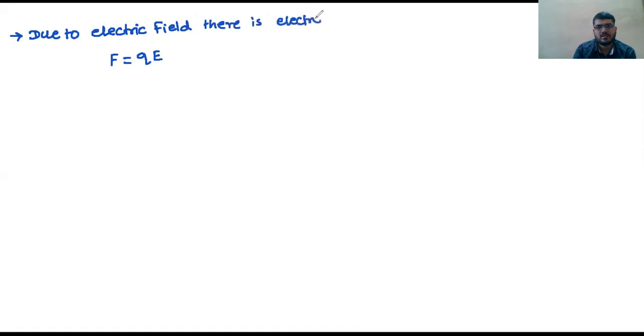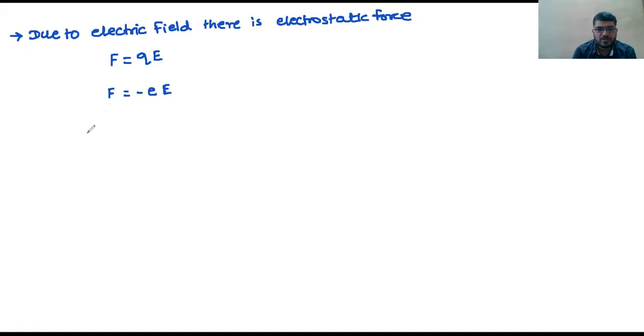That electrostatic force is F is equal to QE. But here the charge is electrons. So F is equal to minus e into capital E, where the charge on electron is minus e. Therefore, F is equal to minus eE.